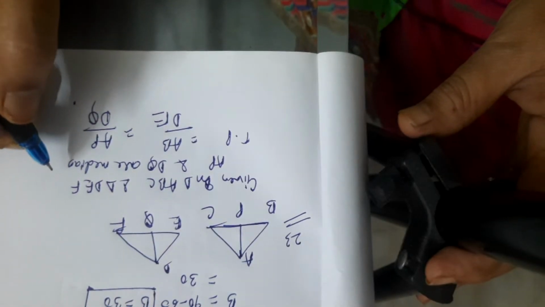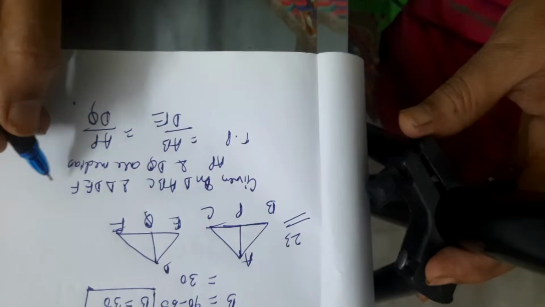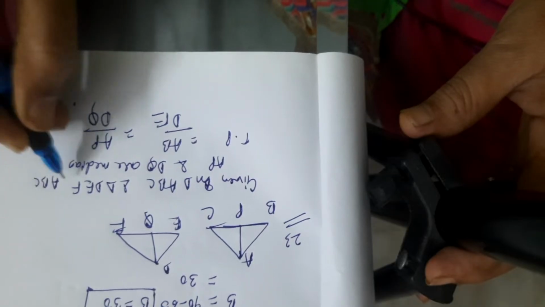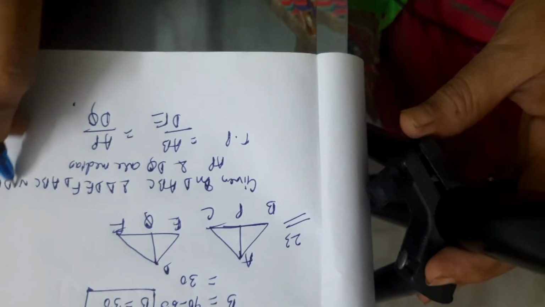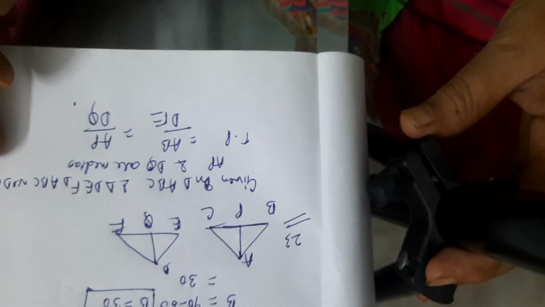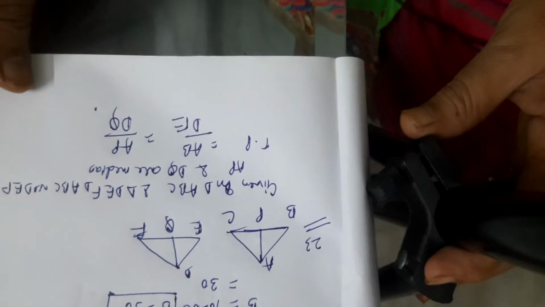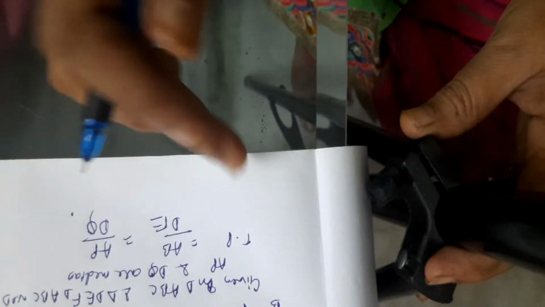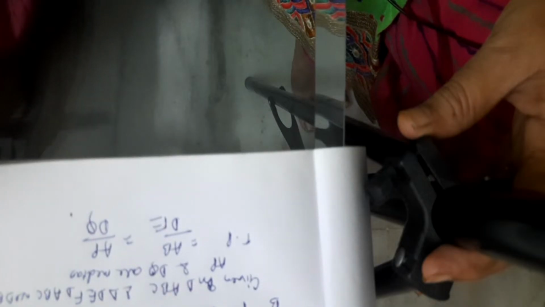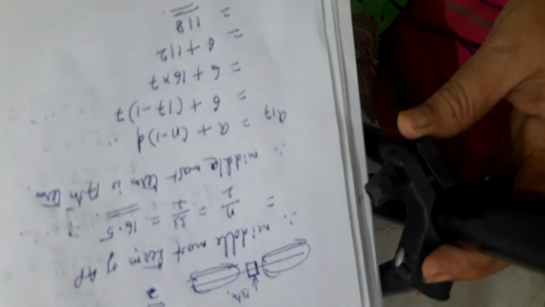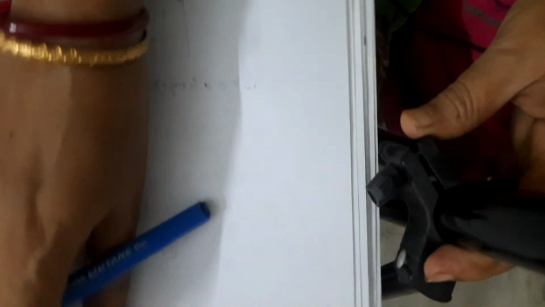One more point is already given: both the triangles are similar. It's given that ABC is similar to DEF. When the triangles are similar, their sides' ratios are equal. So let's move on with the proof part. Here it's given the triangles are similar.